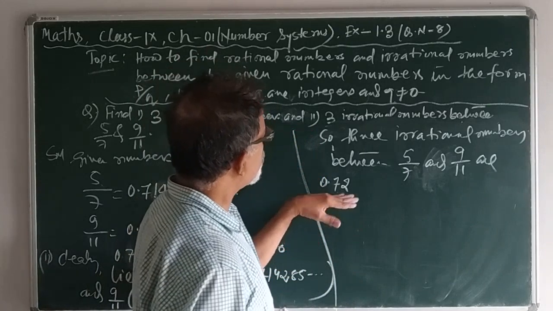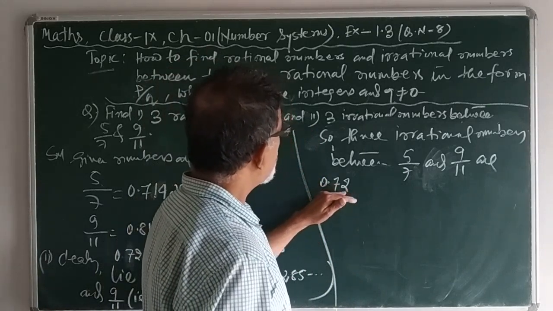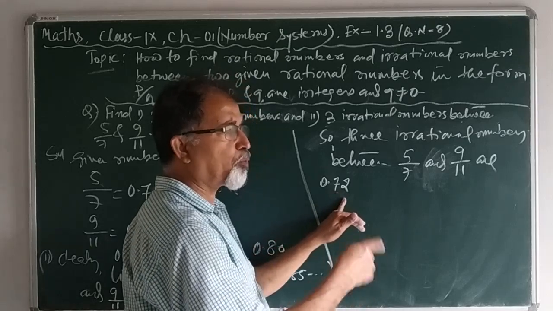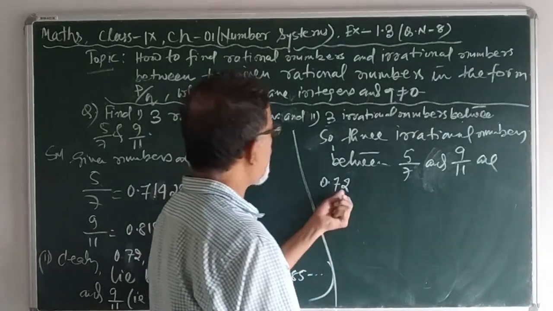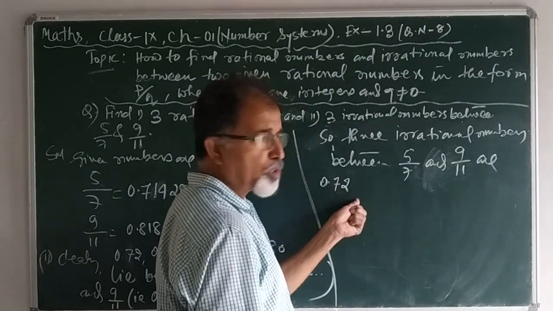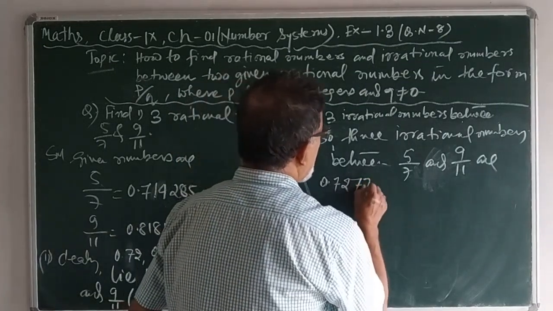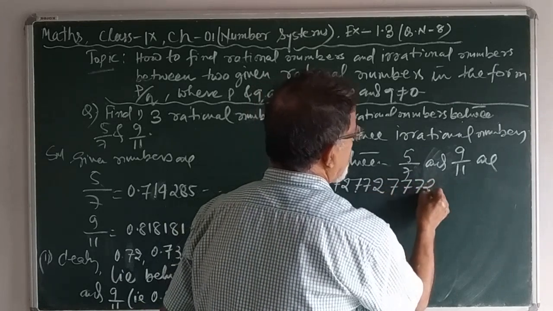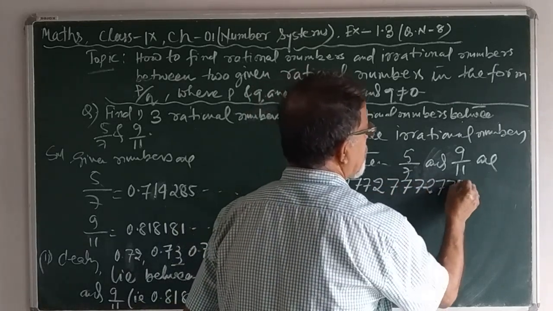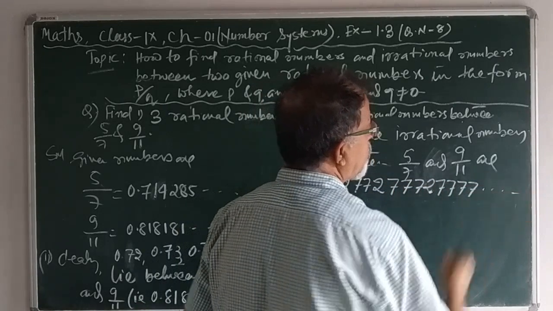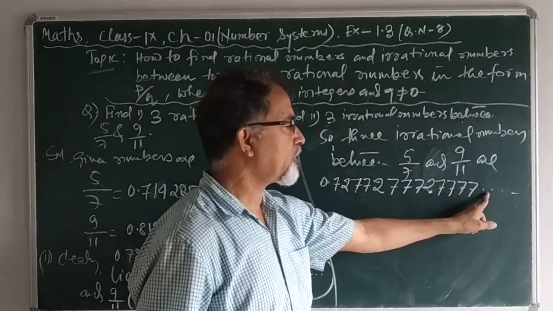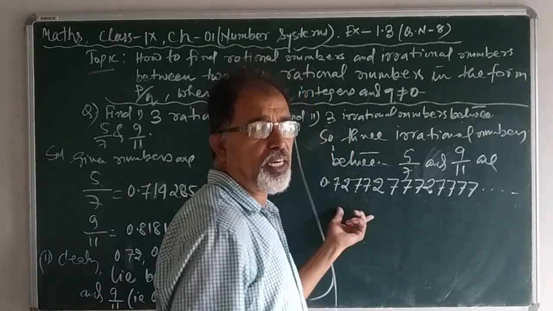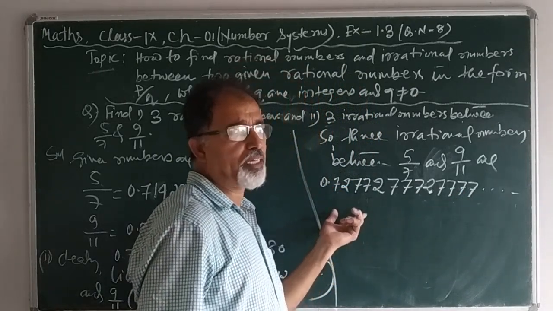We will increase the number of 7s by one each time and write 2 only one time. So I am going to write 7 two times, 2 only one time, 7 three times, 2 only one time, 7 four times, and so on, dot dot dot. Do not forget to write your dot dot dot. If you do not write it, then this number will become a terminating decimal expansion and a rational number.